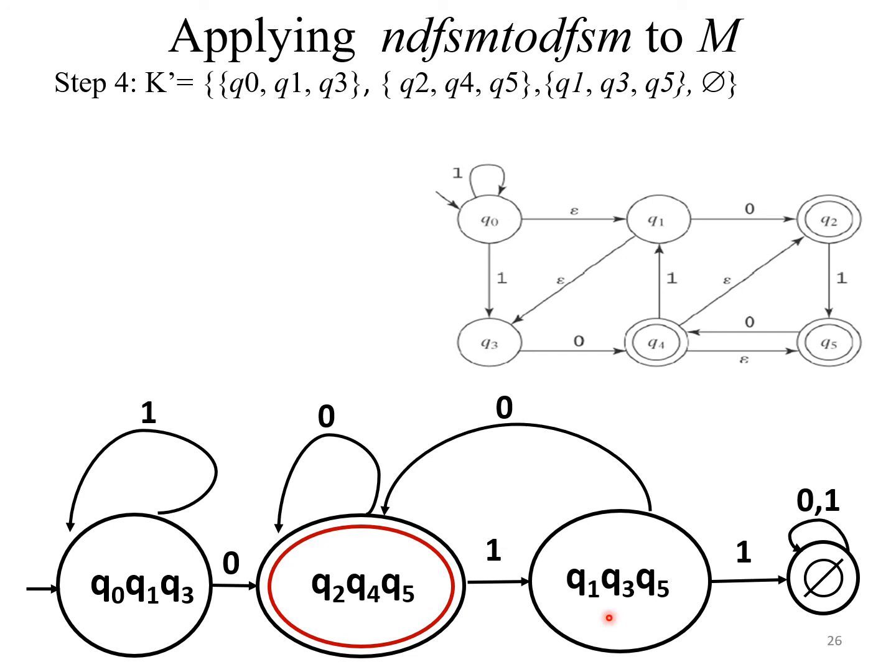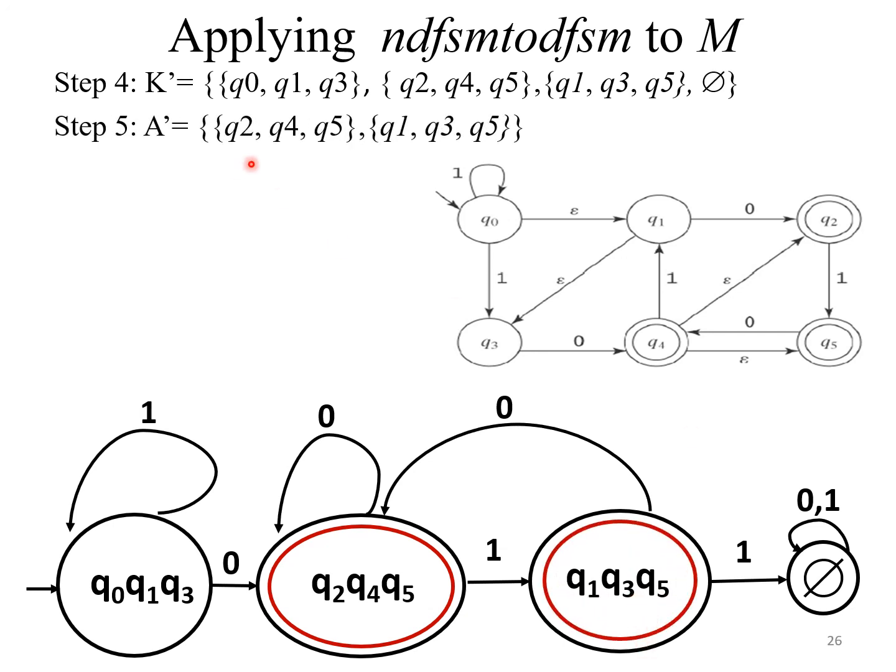Coming to this state, here q5 is present, and since q5 is an accepting state, this state also will be an accepting state. So in this DFSM we have two accepting states, q2, q4, q5, and q1, q3, q5. So this is the final DFSM obtained from the given NDFSM.